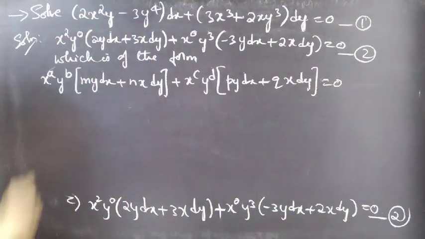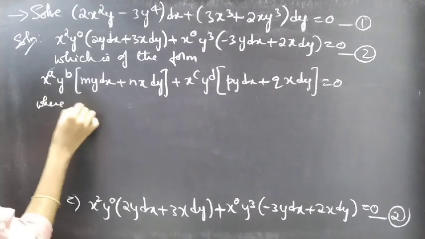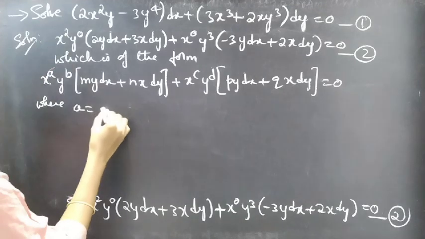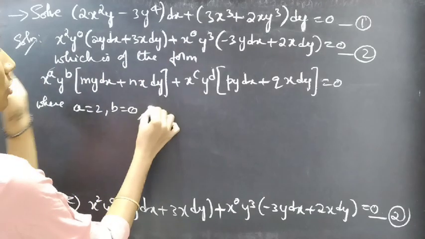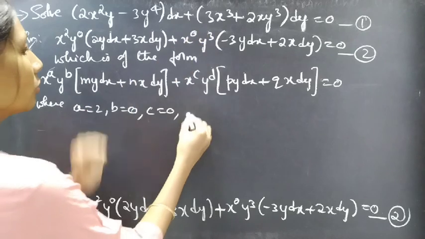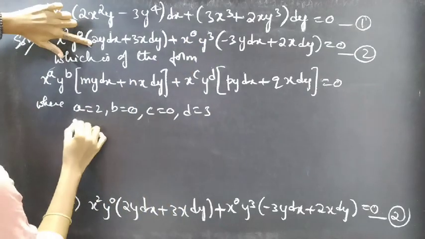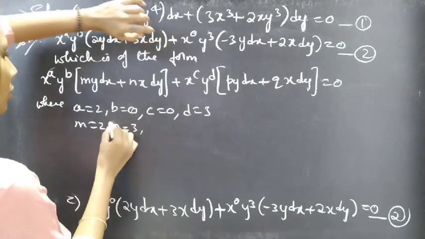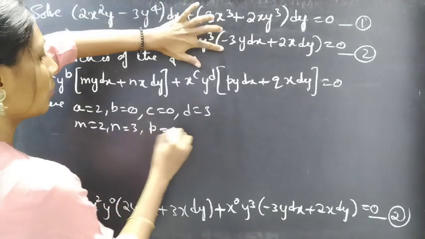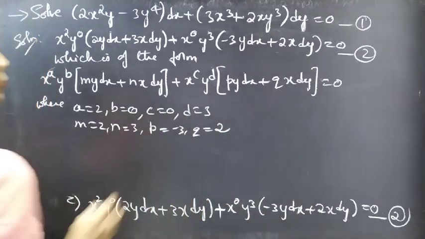Now by comparing these two, we'll get the values of unknowns, where a equal to 2, b equal to 0, c equal to 0, d equal to 3, and m equal to 2, n equal to 3, p equal to minus 3, q equal to 2, right?